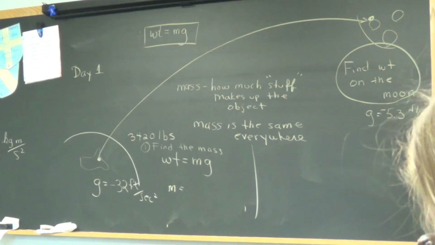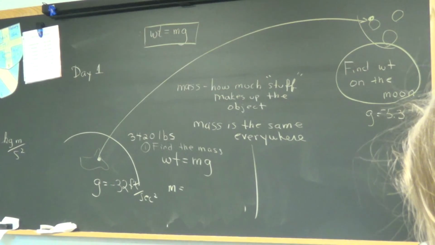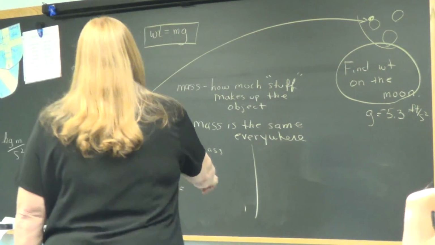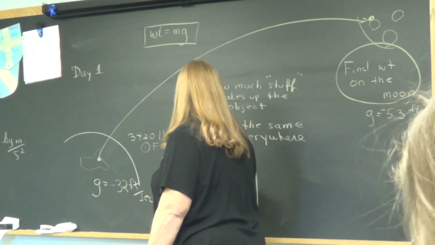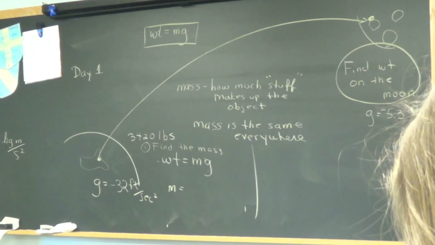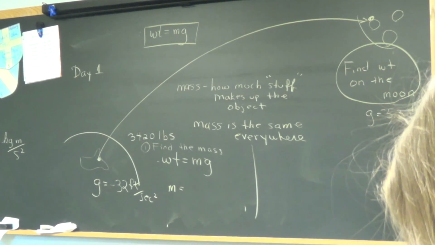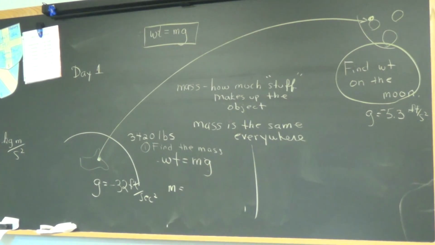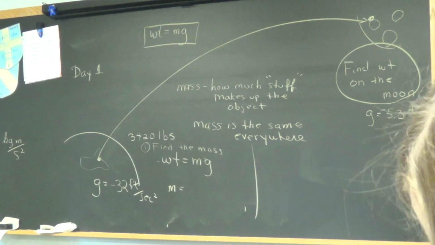If you consider g as negative and weight as negative, you'll get a positive. So 107, except we're going to deal with 2 sig figs.